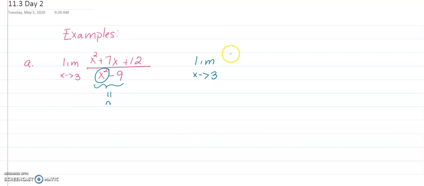So we're going to factor our numerator, and we're going to factor our denominator, because if we are going to create this new function, we can only eliminate our issue if it has a common factor in the numerator.